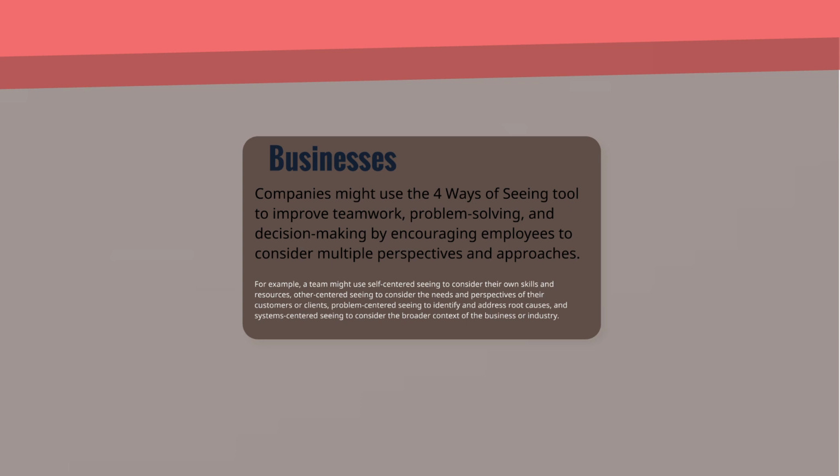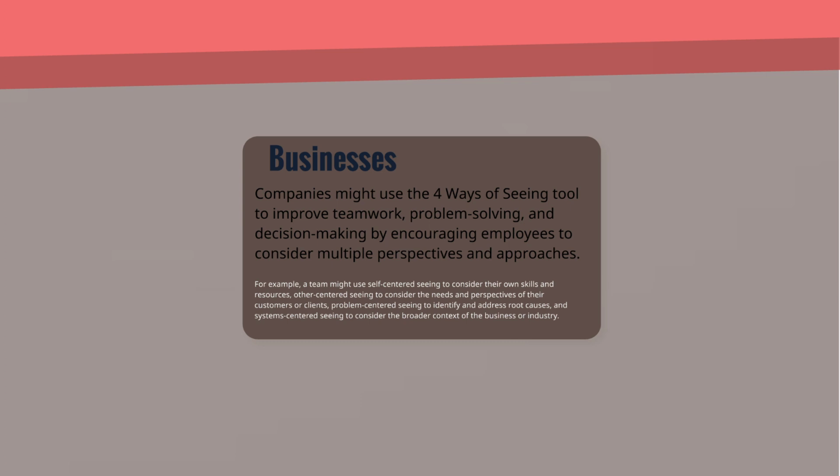You might use other-centered seeing to consider the needs and perspectives of your customers and clients. What are they looking for, and how can you meet those needs in a way that sets your company apart?